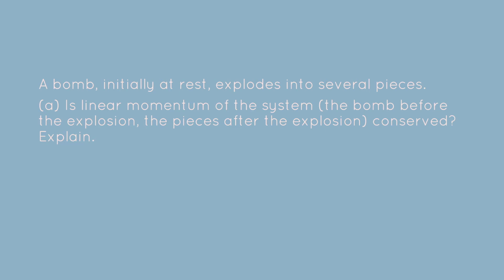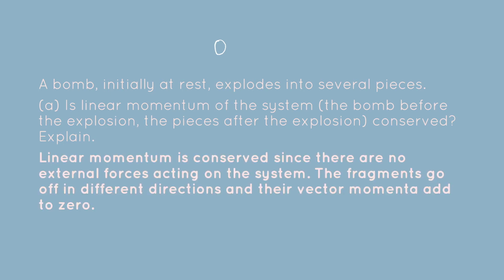So if we consider the bomb before it explodes, there are no net external forces acting on the bomb, so it is an isolated system and momentum must be conserved. After the bomb goes off, the fragments will go off in many different directions.